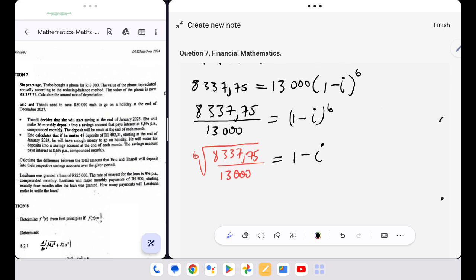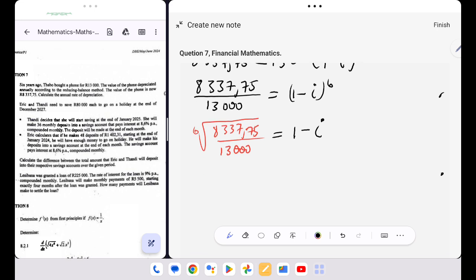So now I've removed the exponent 6 by putting the sixth root on both sides. Now I can just isolate i. I can bring i to the left hand side and take everything else to the right hand side.